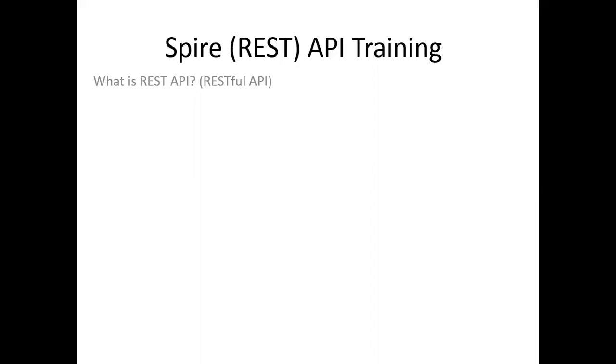So when you start considering working with the REST API, first off, you don't need to necessarily rely on Spire to train you or to show you what to do with the API.